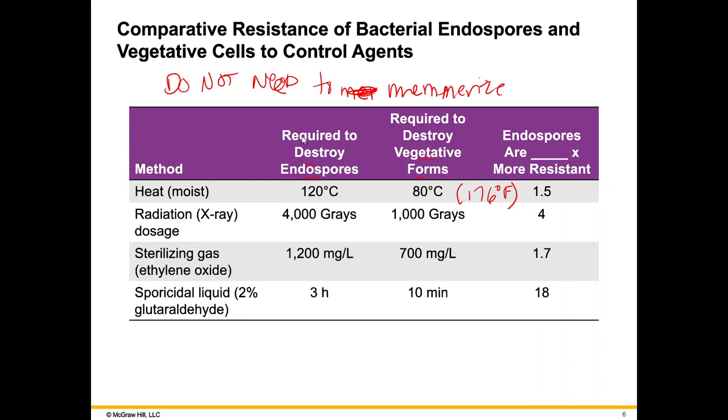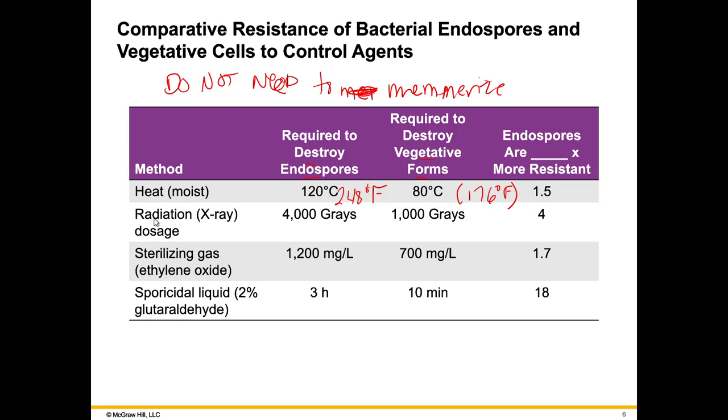Comparatively, in order to destroy endospores, we would need to reach temperatures of 120 degrees Celsius, which is 248 degrees Fahrenheit, well past boiling point. Boiling point is 212 degrees Fahrenheit, in case you're wondering, and 100 degrees Celsius. So essentially, bacterial endospores are 1.5 times more resistant to heat compared to vegetative cells.